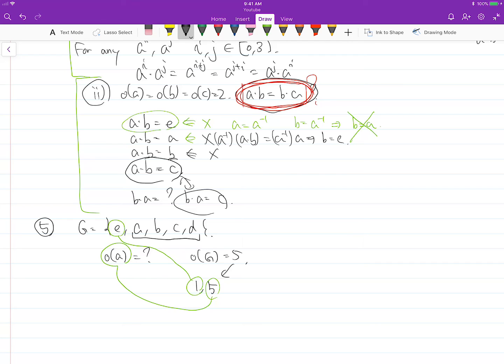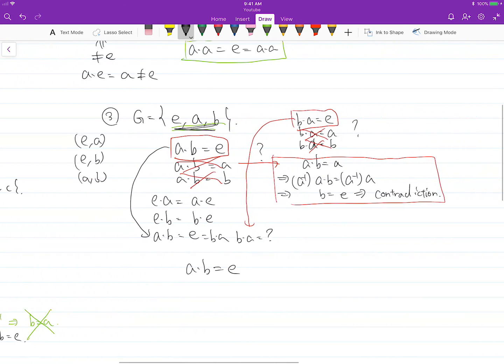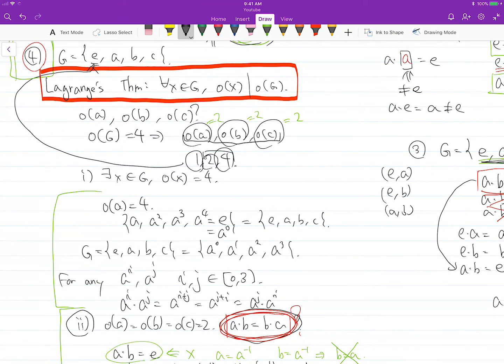What it means is that G has 5 elements, but this can be written as A^0, A^1, A^2, A^3, A^4. Then this is the exact same case as this one.